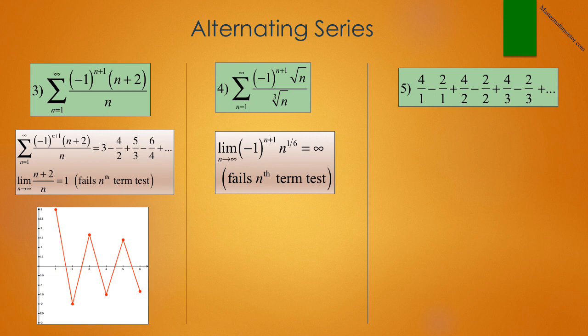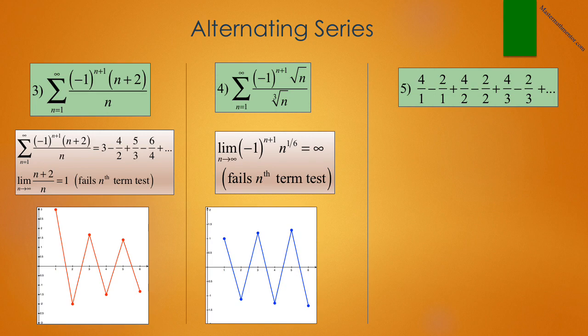And the limit of that expression is equal to infinity. Therefore, this fails the nth term test and is divergent. It is clear by looking at the graph that the points are getting further from the x-axis, and there is no way that this can converge.